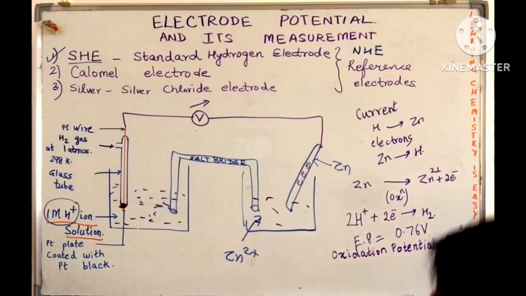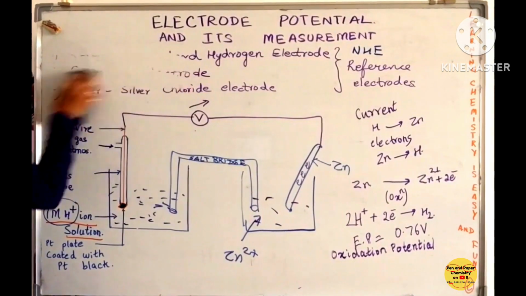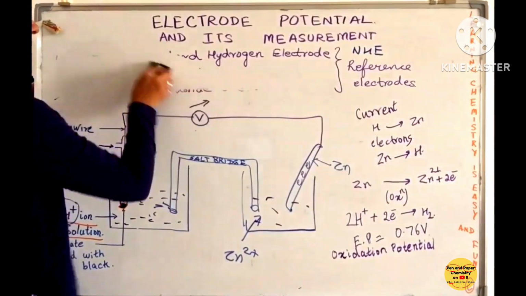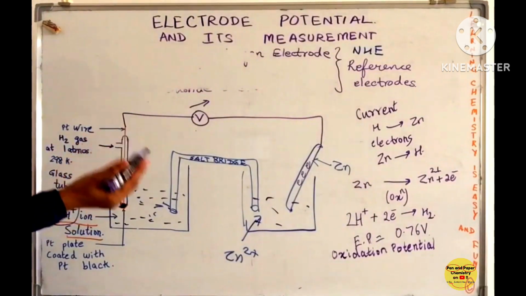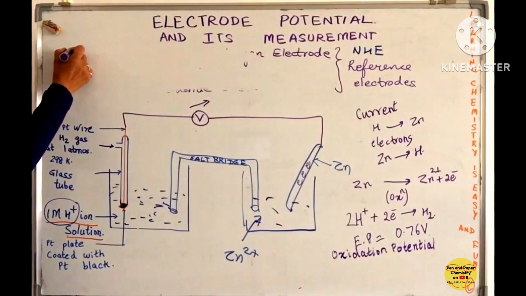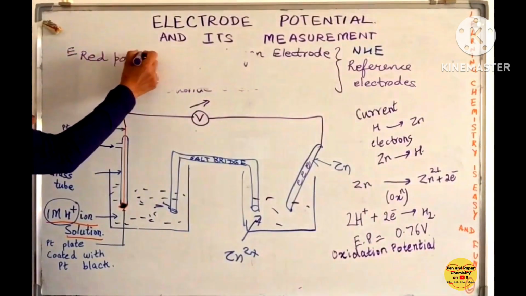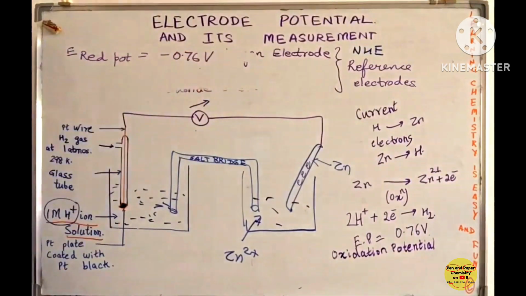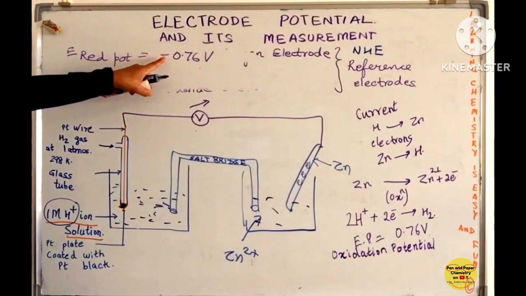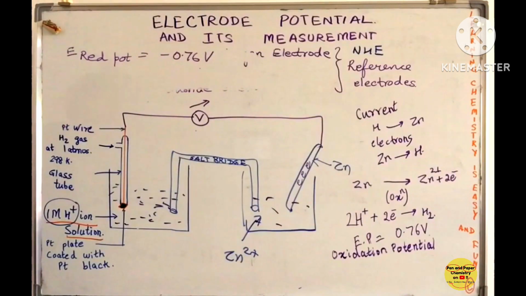Correct? Now, let me go a step further. How much is its tendency to get reduced compared to hydrogen? If its oxidation potential is positive, what will be its reduction potential? That means its tendency to get reduced will be that much less. So how do we represent it? By a negative sign, saying that it is negative 0.76 volts.